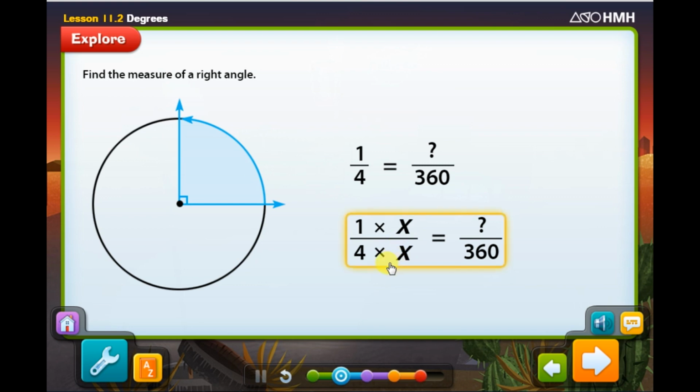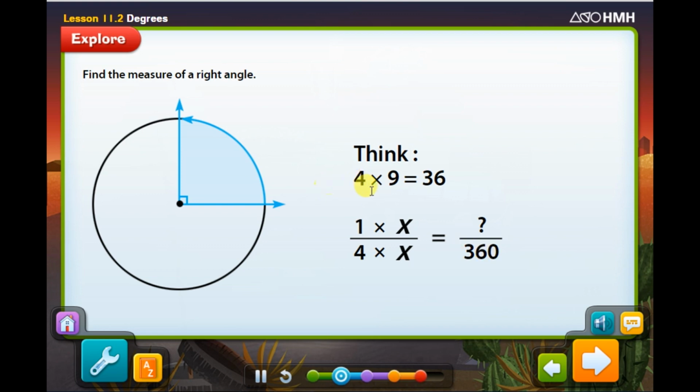So 4 times what will give me 360? Think, 4 times 9 equals 36, so 4 times 90 equals 360. So when we multiply both the numerator and the denominator by 90, the equivalent fraction is 90/360.